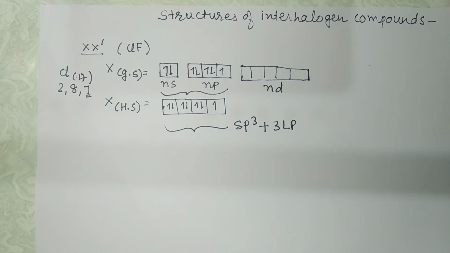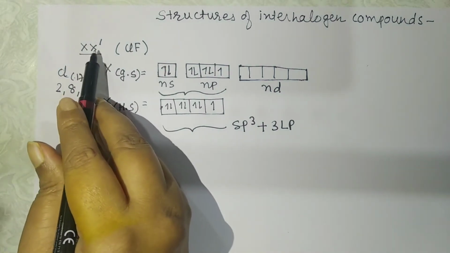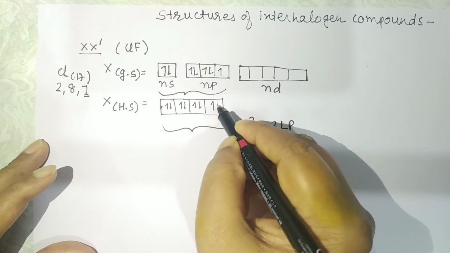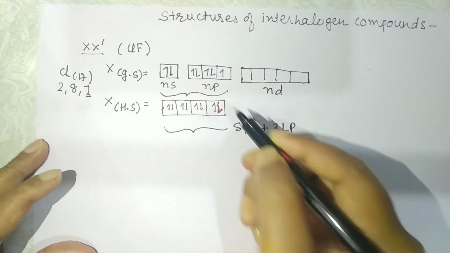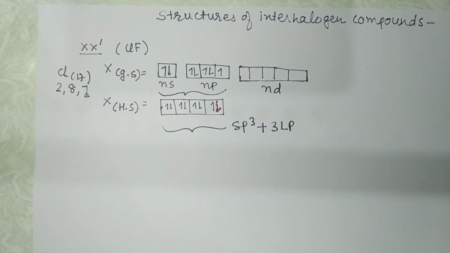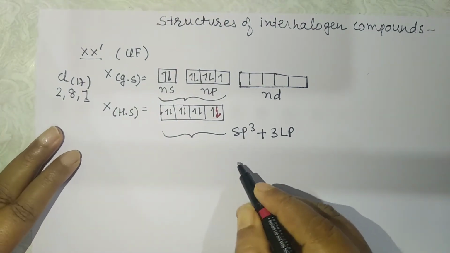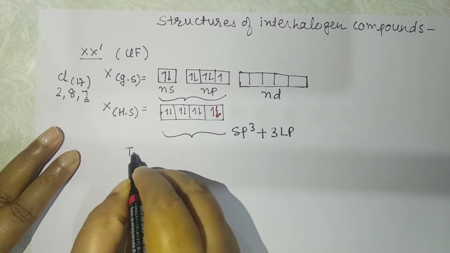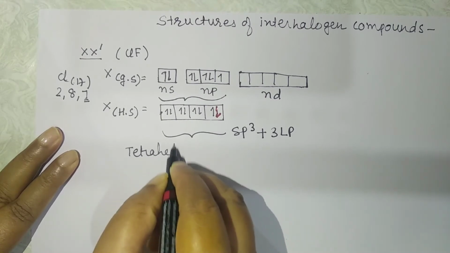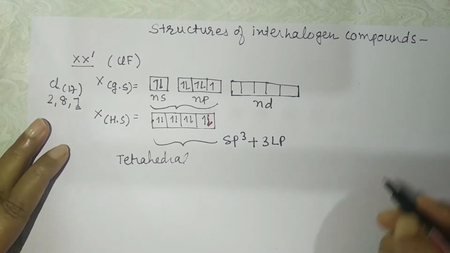Now fluorine or the connecting atom, that is X', will overlap here and the bond will get formed. So what will be the structure here, students? You know that for regular sp3 hybridization, the geometry will be tetrahedral. So what can be the structure?